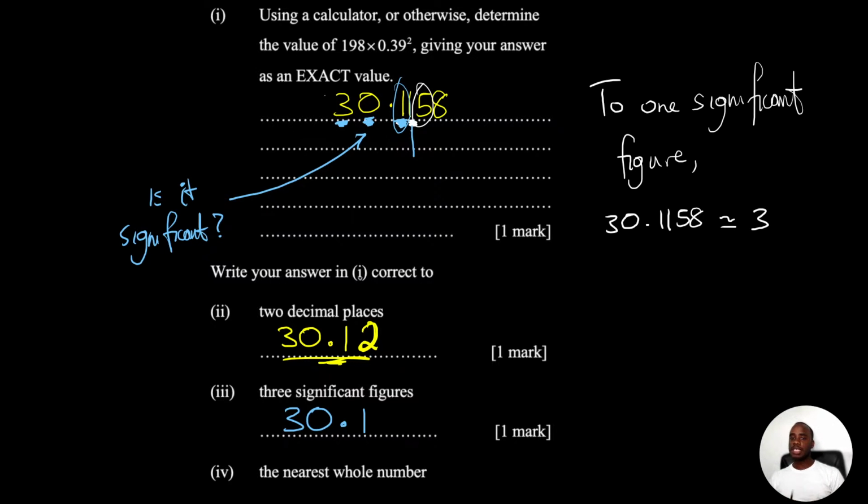If I round it to 1 significant figure, what do you guys think? Yes or no? So would that be the figure rounded to 1 significant figure? Let's see what you guys are thinking.